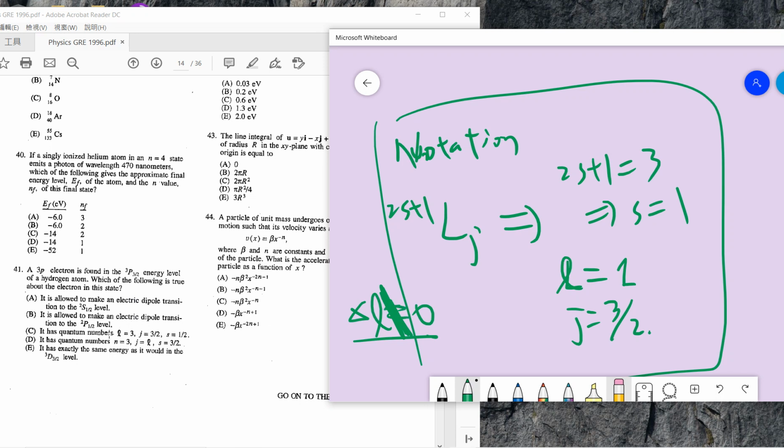So B is not correct. C says the quantum number L equals 3. No, the quantum number L equals 1. D says it has the quantum number J equals L. J is not equal to L. E says exactly the same energy. It would be this level, nobody knows. So the answer is A.